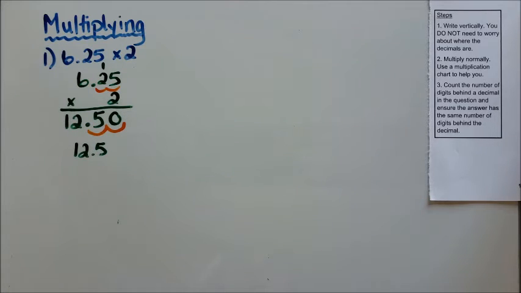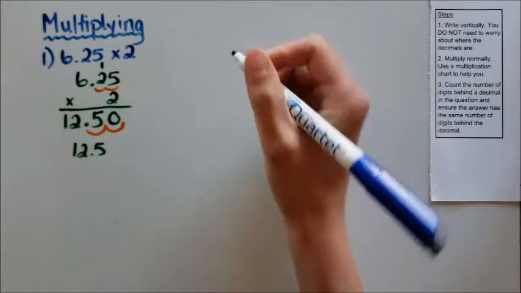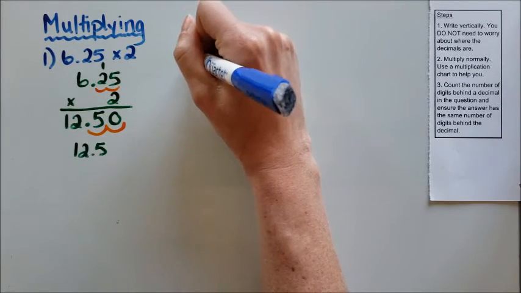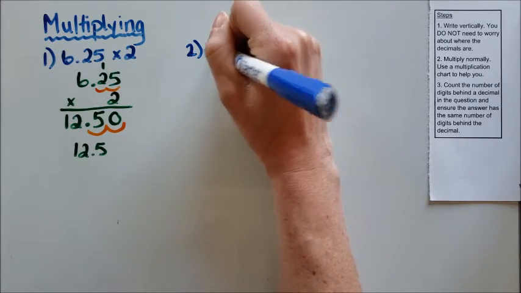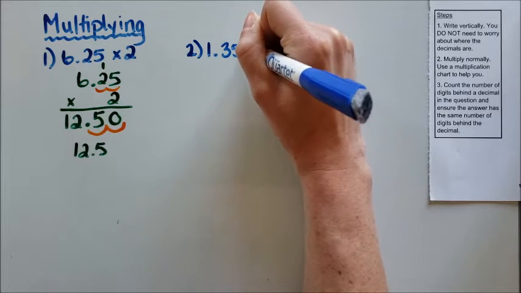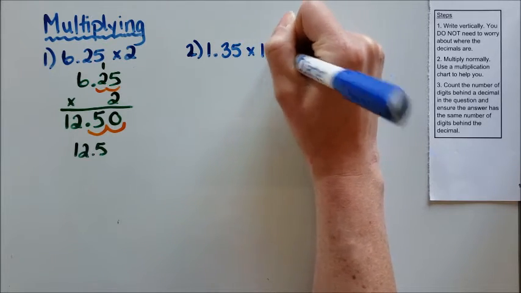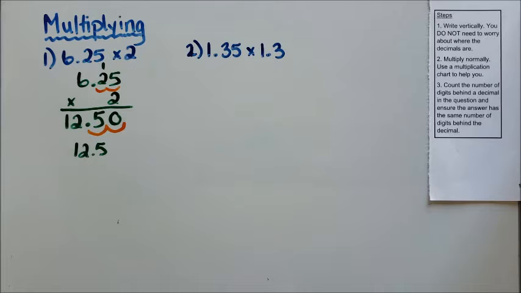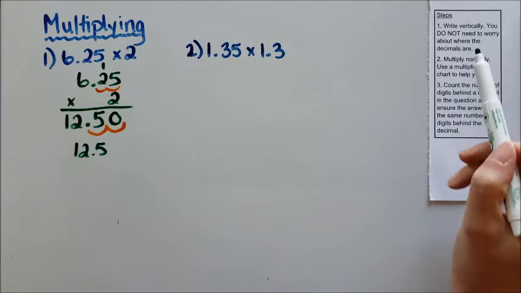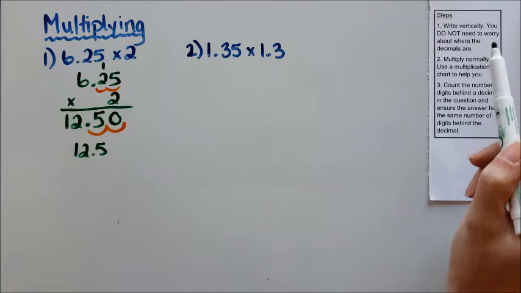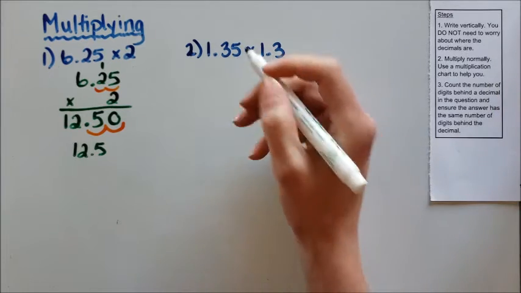We're going to do the next question, which has more decimals in it, just to continue our exploration. So 1.35 times 1.3. Now, as I go through this, I'm going to go back to step 1, write it vertically. You do not need to worry about where the decimals are.